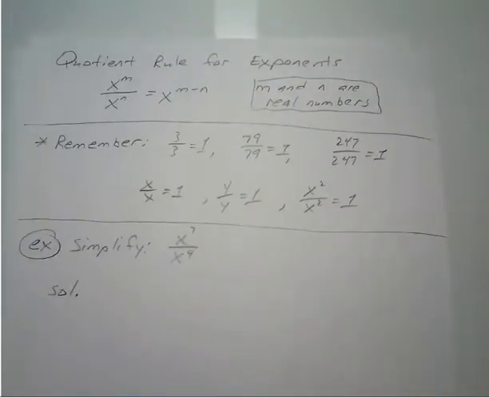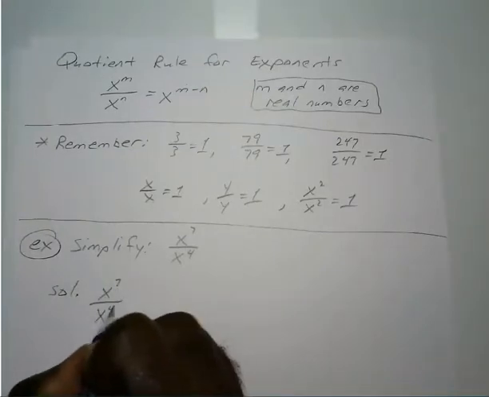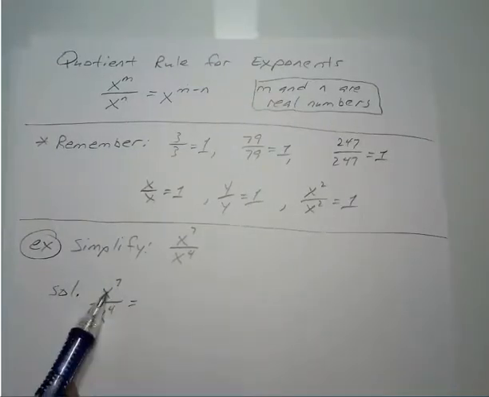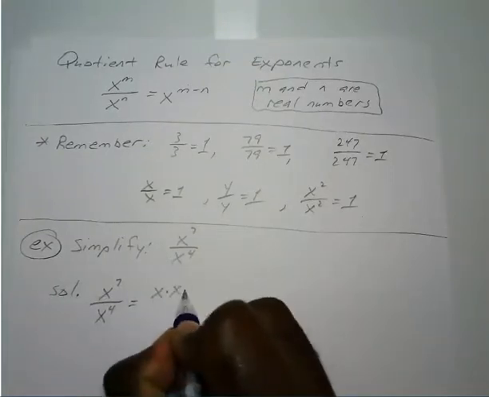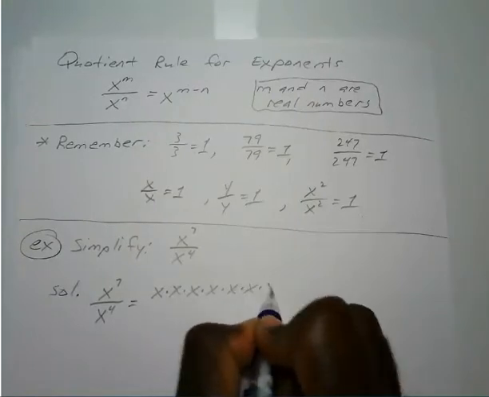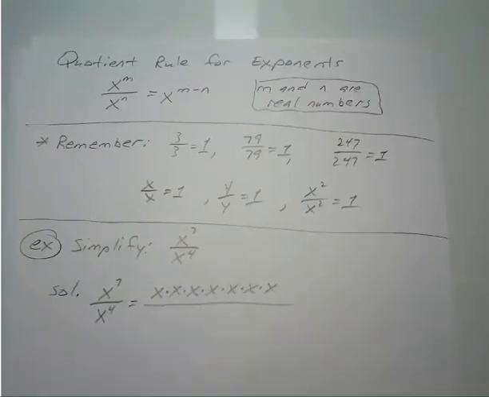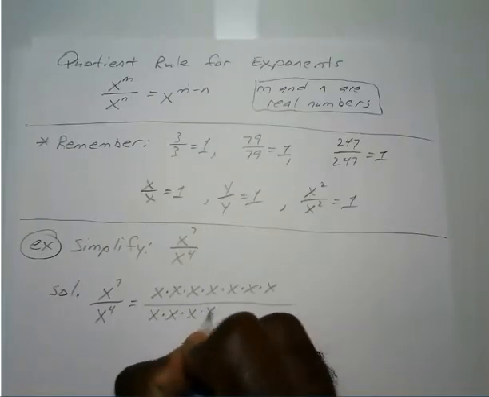So the long way, you have x to the 7th power over x to the 4th power. X to the 7th power is just x times x times x times x times x times x times x, over x to the 4th power, which is just x times x times x times x.